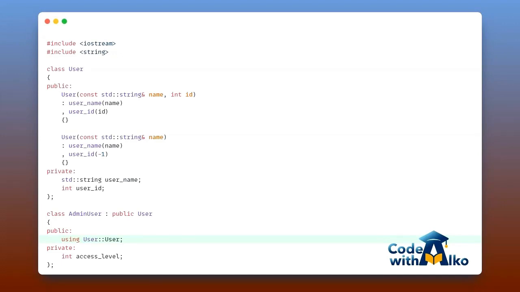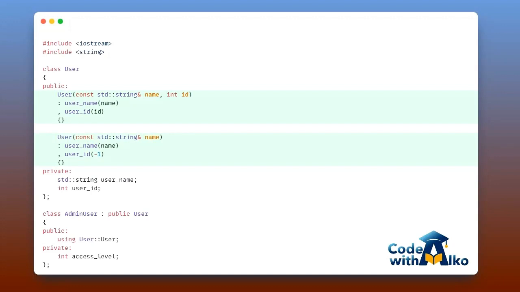What's the problem? Think about what happens when we create an AdminUser object. The constructors we're using are the ones from user. Do those constructors know anything about a member named access level? Of course not. They only know how to initialize username and user ID. This means that when you create an AdminUser, its access level member will be uninitialized.